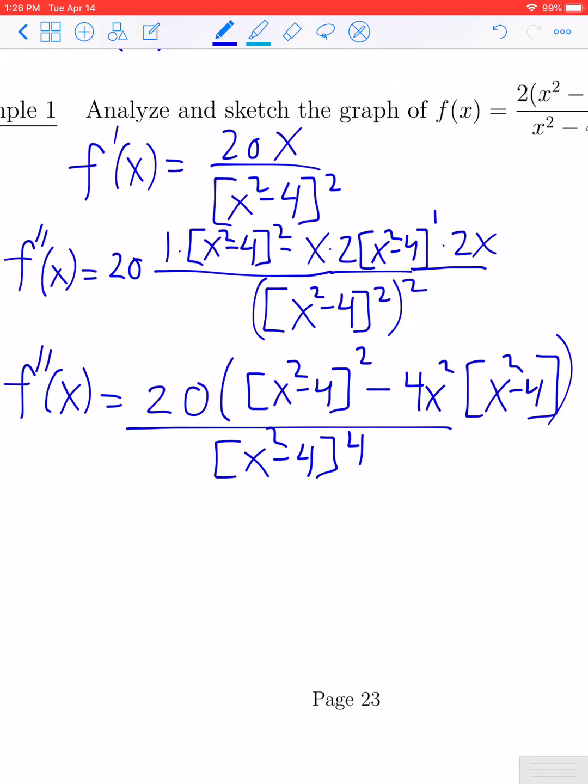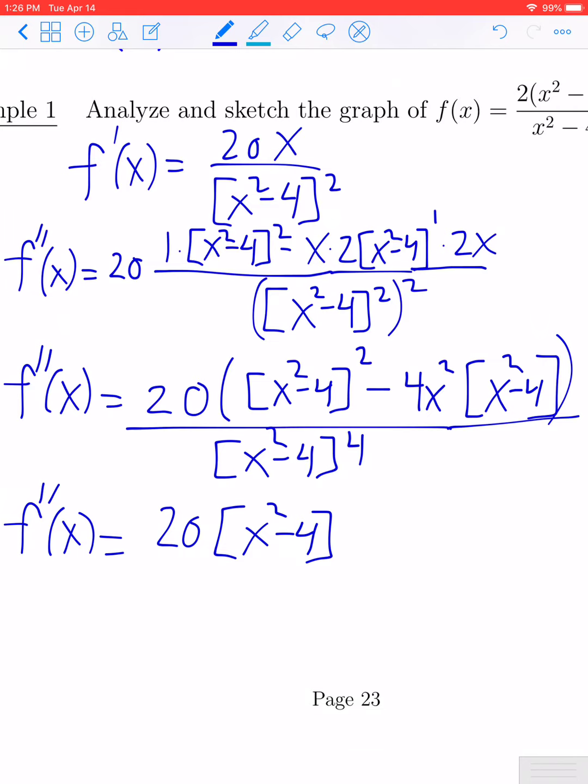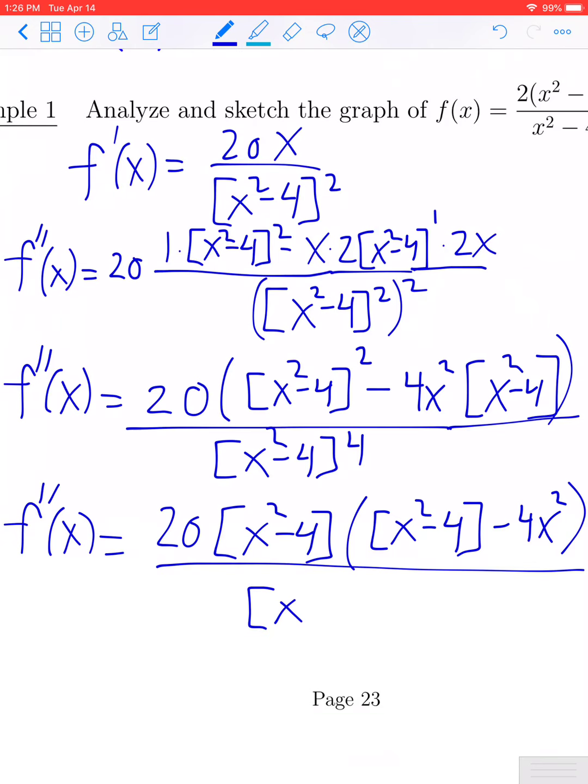Both terms in the numerator have a common factor of x squared minus 4, so we can factor it out. We get 20 times x squared minus 4 times x squared minus 4 minus 4x squared, all divided by x squared minus 4 to the fourth.